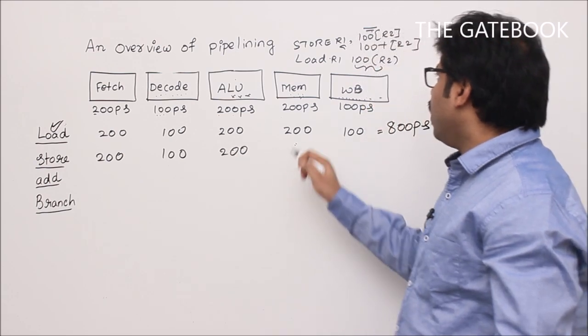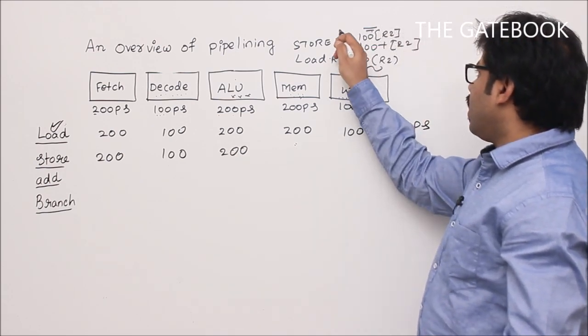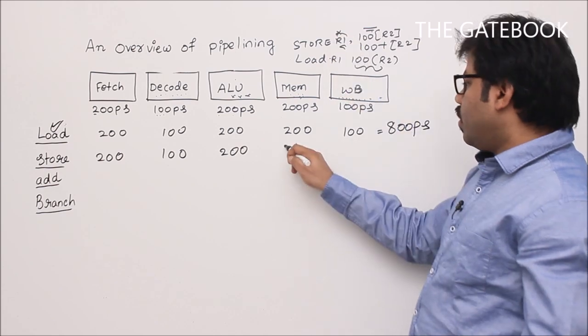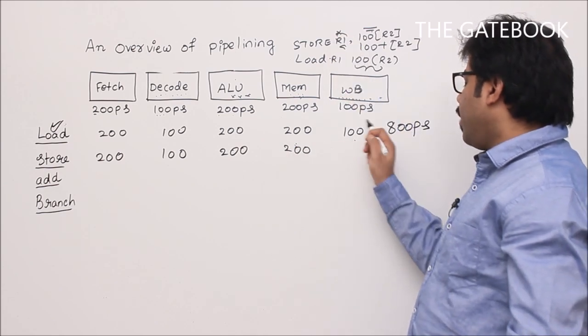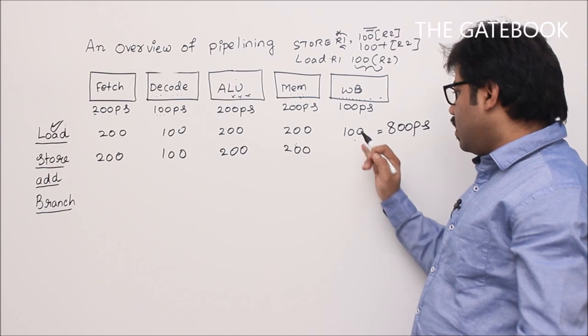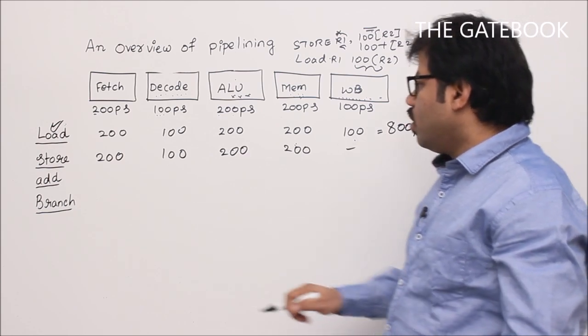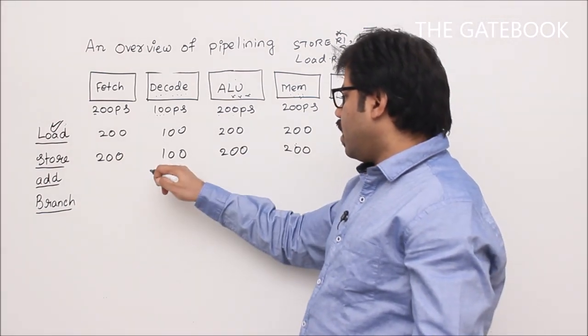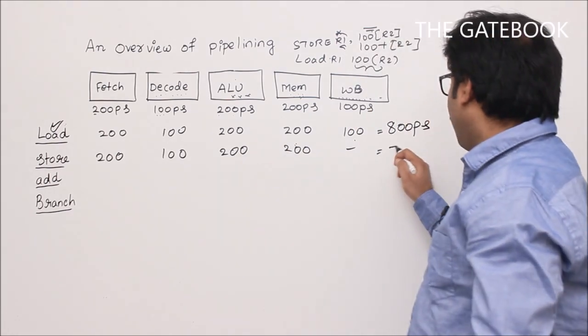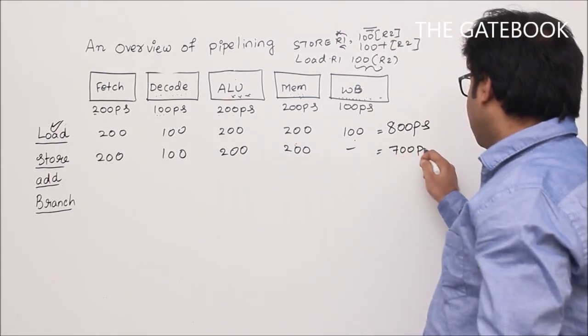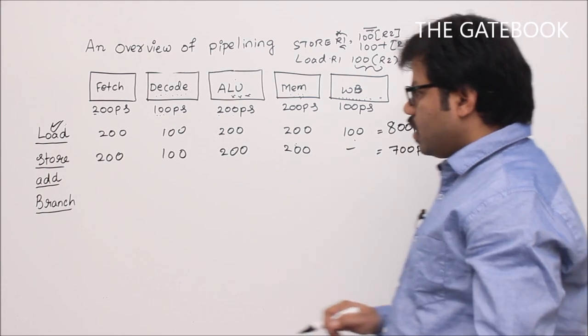After that, in the memory we will be writing the content of R1, so that's 200. But we are not writing the result back into a register, so nothing there. So definitely 200, 100, 300, 500, 700. You require 700 picoseconds if the instruction is a store instruction.